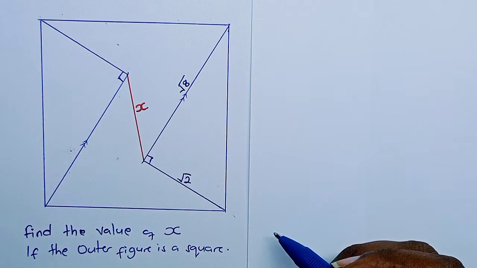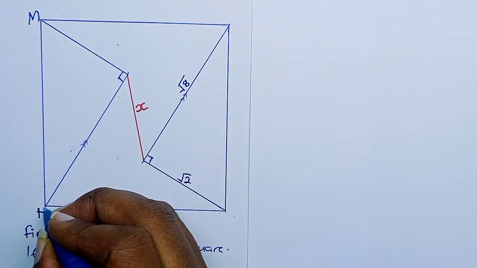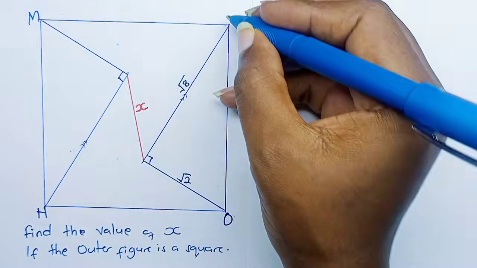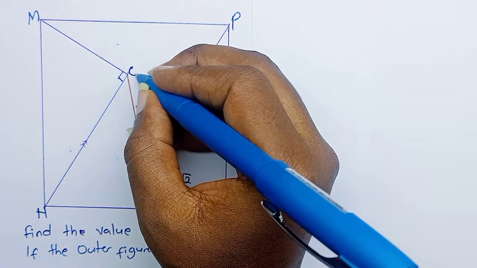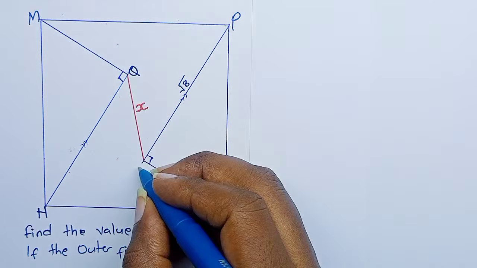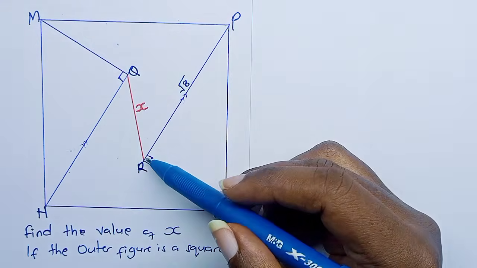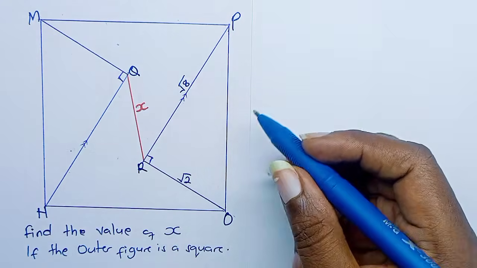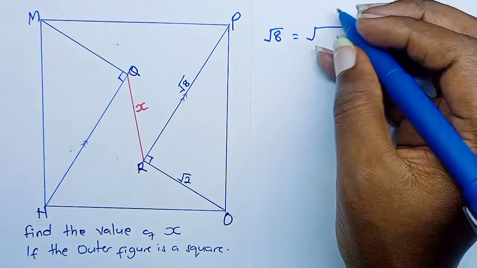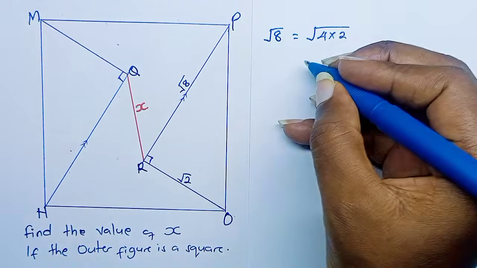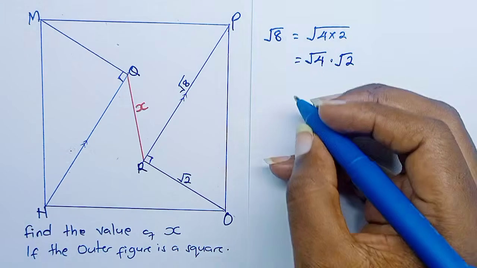Let's start by labeling our figure. Let this be M, N, O, P. Let this one be point Q, and this one R. Now we were told that RP is √8, but √8 can be simplified. 8 is 4 times 2, which can be written as √4 times √2.